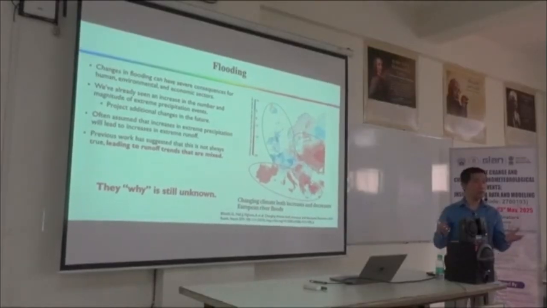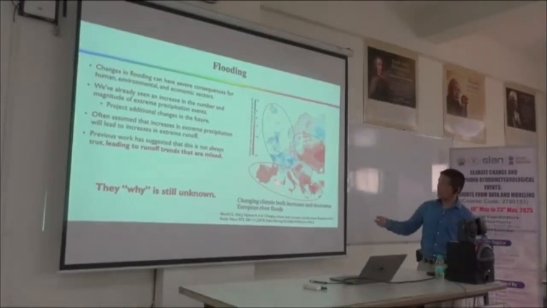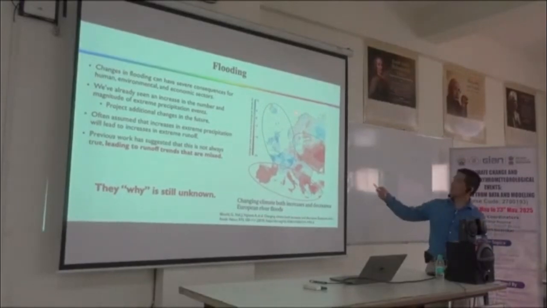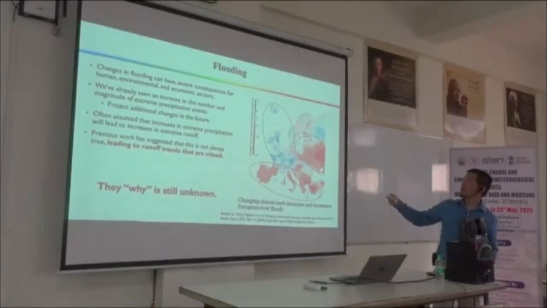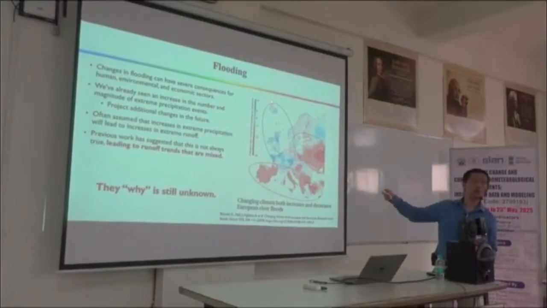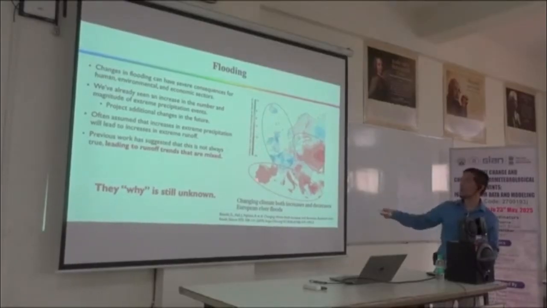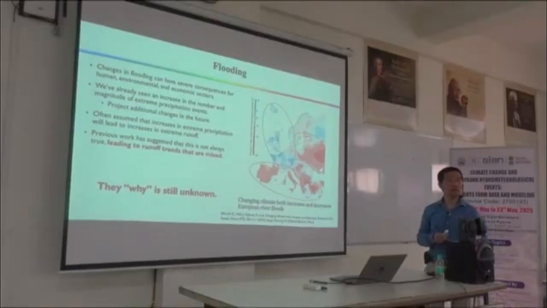That's a common assumption. But in reality, for example, in this paper, what people show here, across the whole of Europe, is that when you have higher rainfall events, you don't always have flooding. Sometimes actually lower flooding, right? Some places sure have higher flooding events, some have lower flooding events, right?